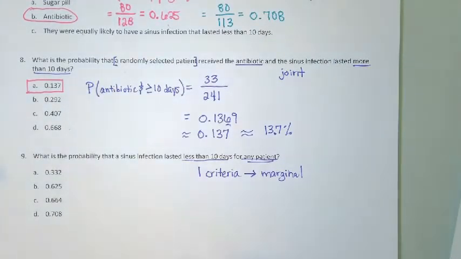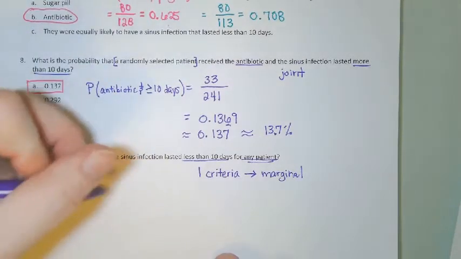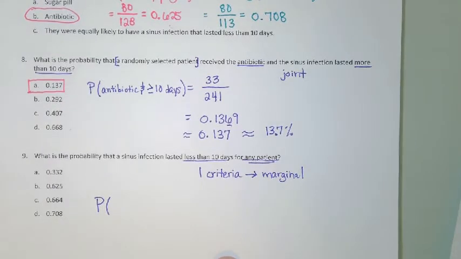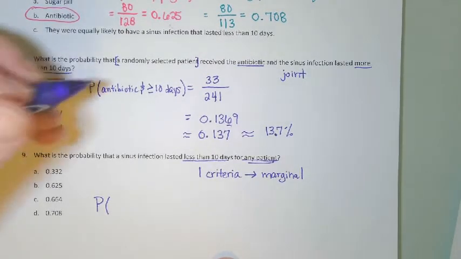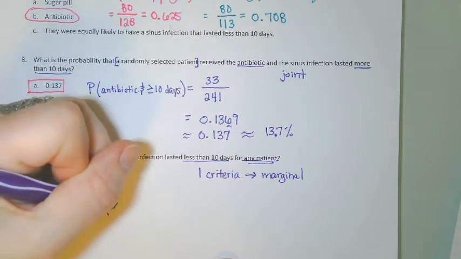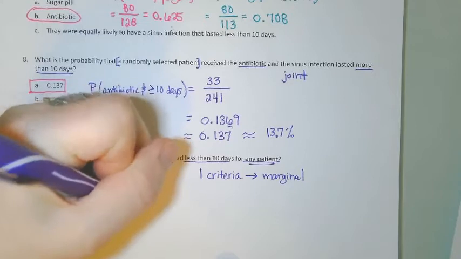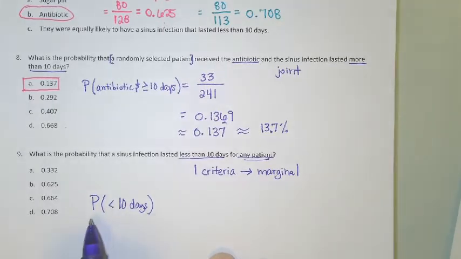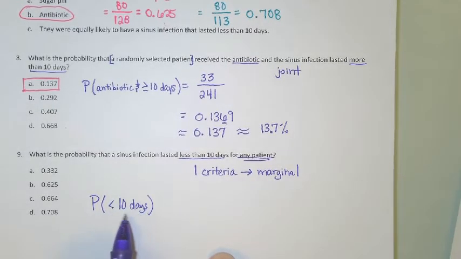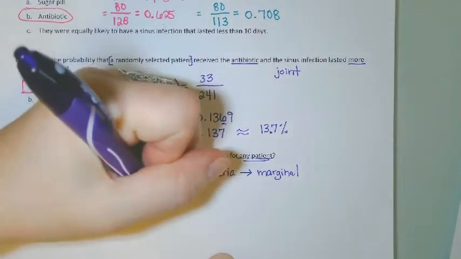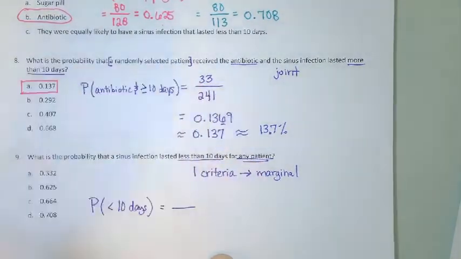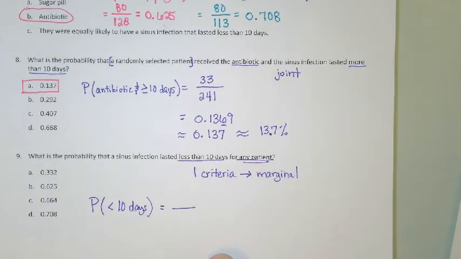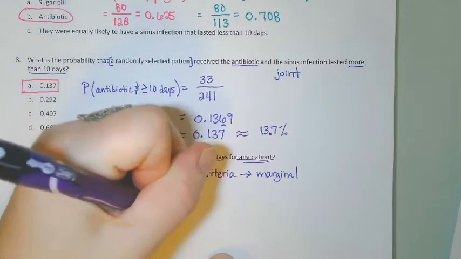So I'll go ahead and write my probability statement. So we're looking at what is the probability that a randomly selected patient had a sinus infection lasting less than 10 days. So a much simpler probability statement, again, because we just have to worry about one criteria. So on the bottom, we want the total amount. So the total number of patients in this study was 241.